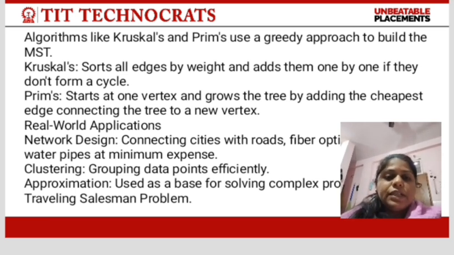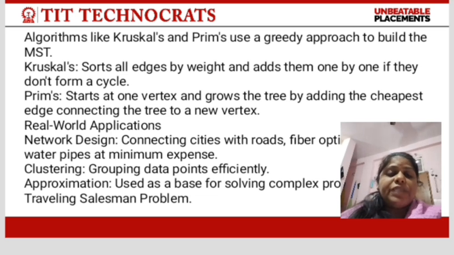Greedy means finding the optimal solution, that is, minimum cost and maximum profit. Kruskal's sorts all the edges by weight and adds them one by one if they don't form a cycle. It means constructing a min heap and taking the edges from lowest to highest.